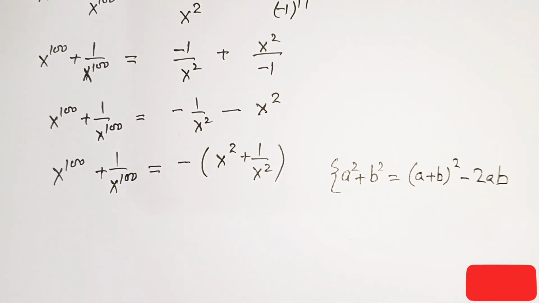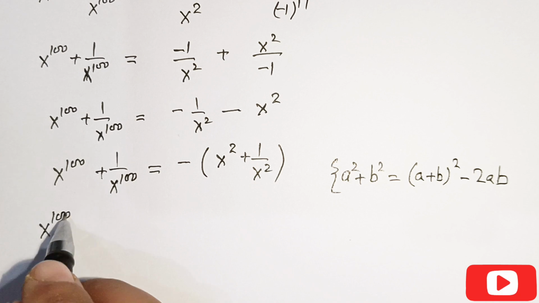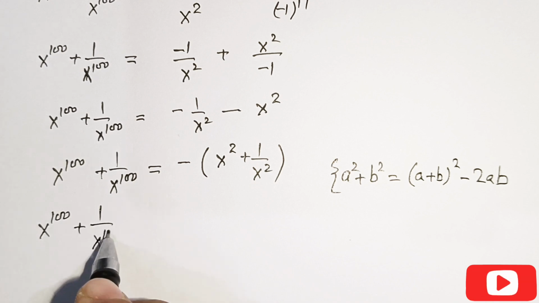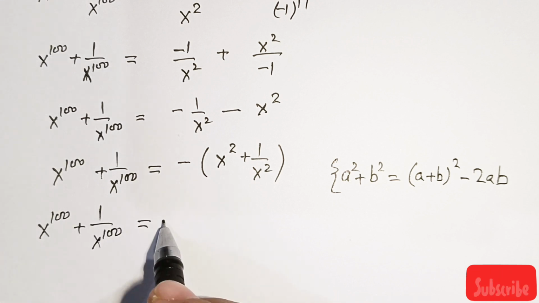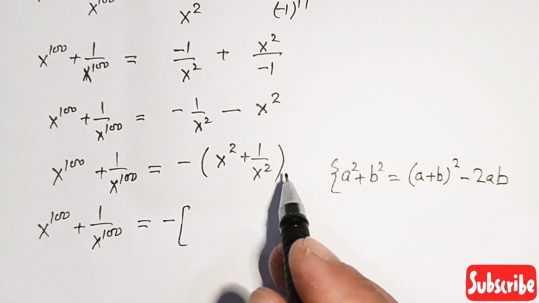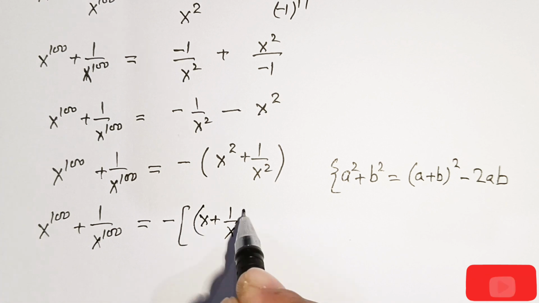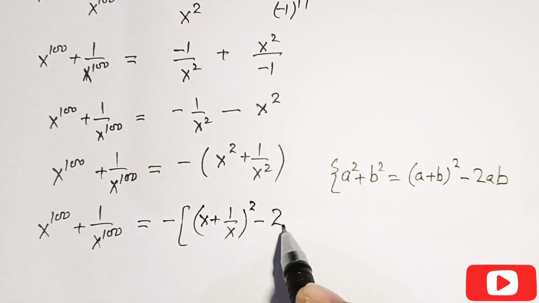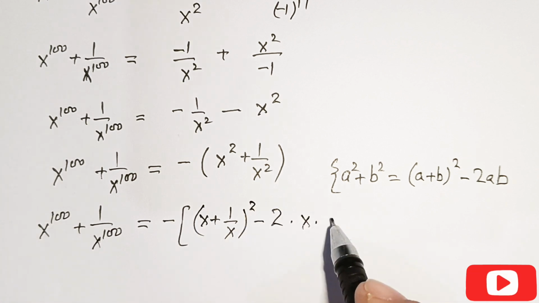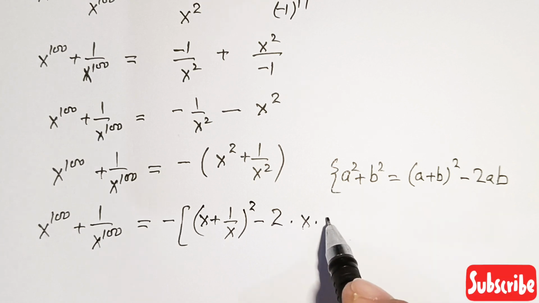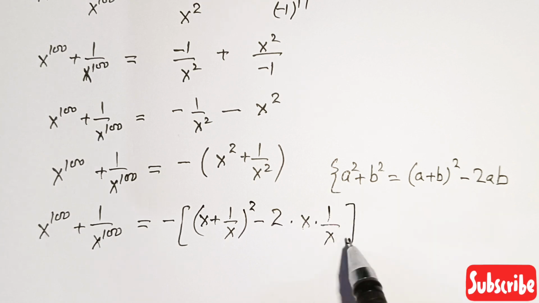So using this here, we have x to the power 100 plus 1 over x to the power 100 is equal to minus, here we have a plus b whole squared, which is x plus 1 over x whole squared, and minus 2 times x times b, that is 1 over x.